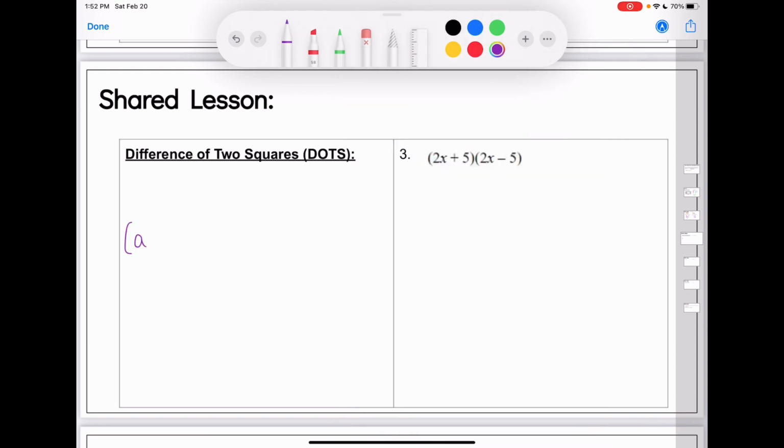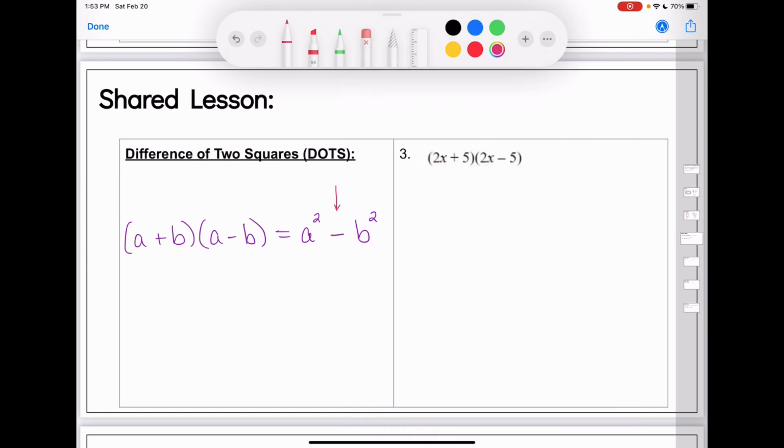If you have a situation where you have a plus b times a minus b, right? Same first terms, same second terms, 1 plus, 1 minus. If you are multiplying those, you will get a squared minus b squared, right? First, last, minus in between. So the reason that we call this the difference of two squares is because of our answer, right?